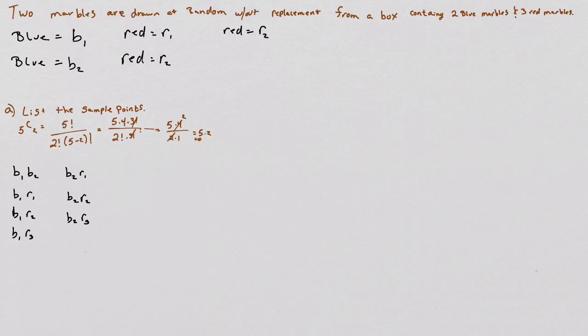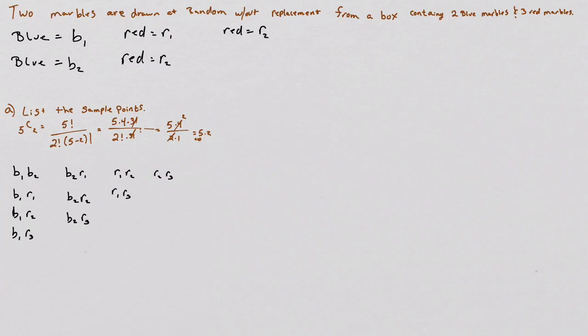Now that I'm done with all the red different combinations, I'm going to start with red sub 1. So red sub 1, I don't need to do red sub 1 and blue sub 1 because that is right here. And I don't need to do red sub 1, blue sub 2 because that is right here, because the order doesn't matter. So now I do red sub 1, red sub 2, red sub 1, red sub 3, and then last but not least, red sub 2, red sub 3. And I have all the different combinations.